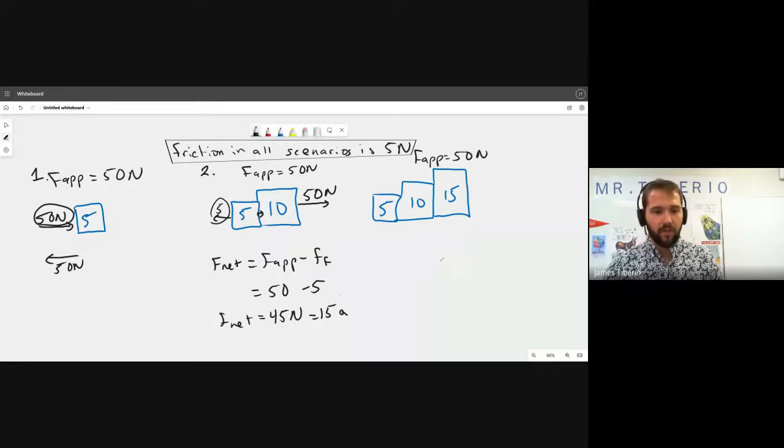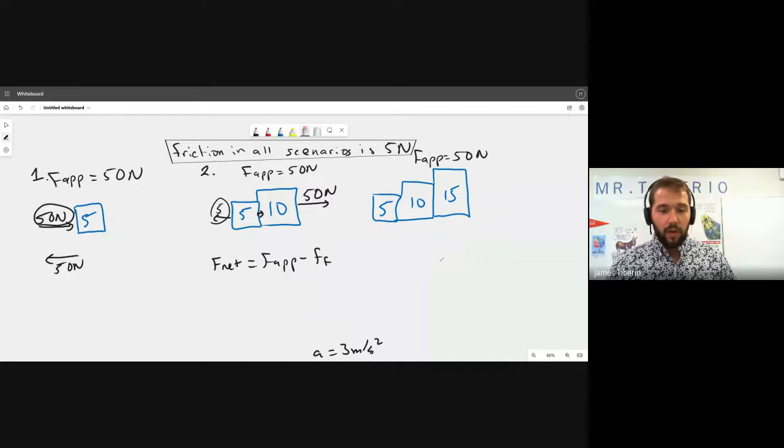We don't just put in the 5 because we are literally pushing on the 5 kilogram box, but we're moving 15 kilograms of stuff. And so, of course, we divide both sides by 15, and it turns out that acceleration equals 3 meters per second squared. That means both objects will accelerate at that rate together. One won't accelerate quicker than another. And so we have how quickly, essentially, our objects are going to speed up.